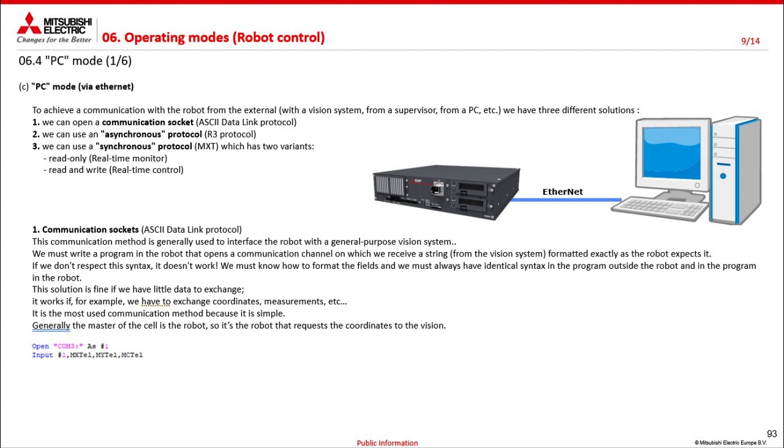So if I have a series of data that are constant, then my string is always formatted the same way, and I define the string robot side and vision side. This protocol is extremely simple because it is basically made up of four instructions: two instructions to open and close the communication, and two instructions to read or write data to the external PC towards a vision system.